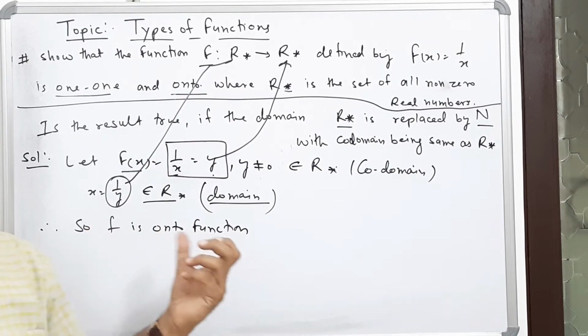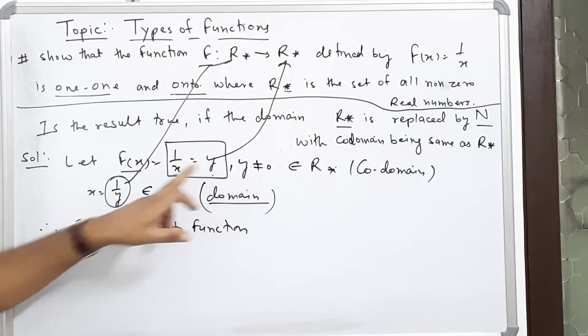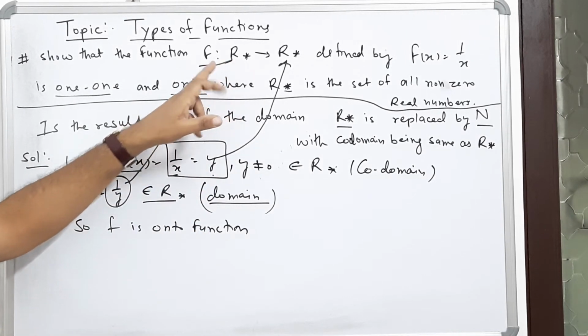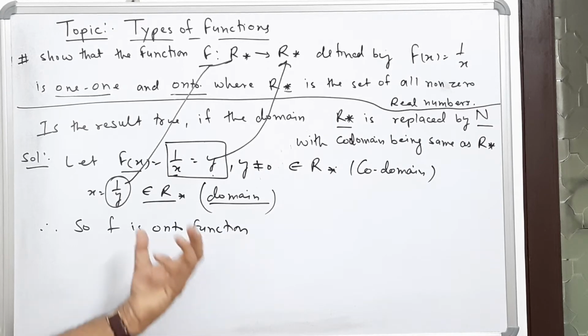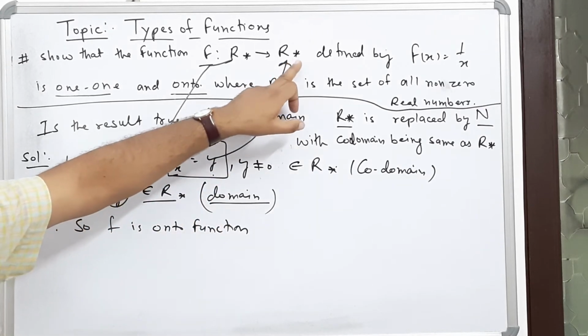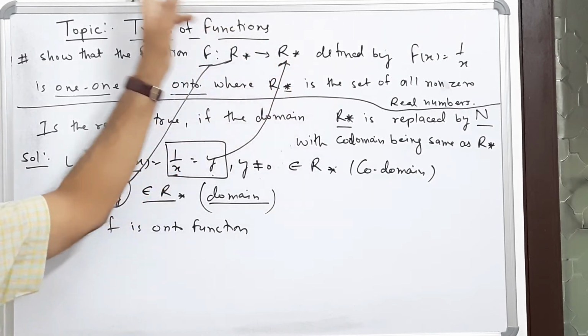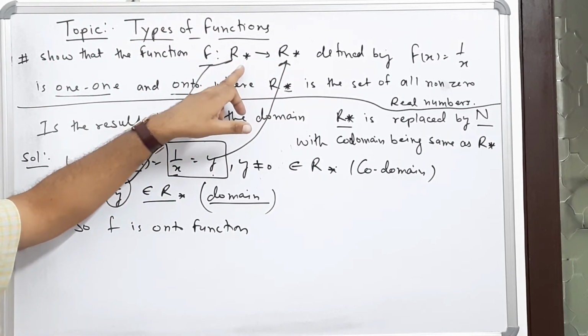So what do you say here? That for every y, there will be 1/y, which will also be a real number. So we can say that this function is an onto function. One more way I am explaining: for every number which is present here in the codomain, there will be some pre-image in the domain.